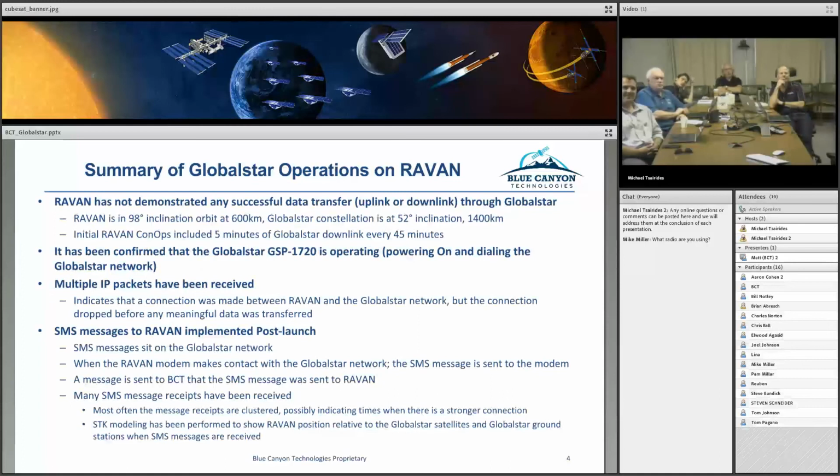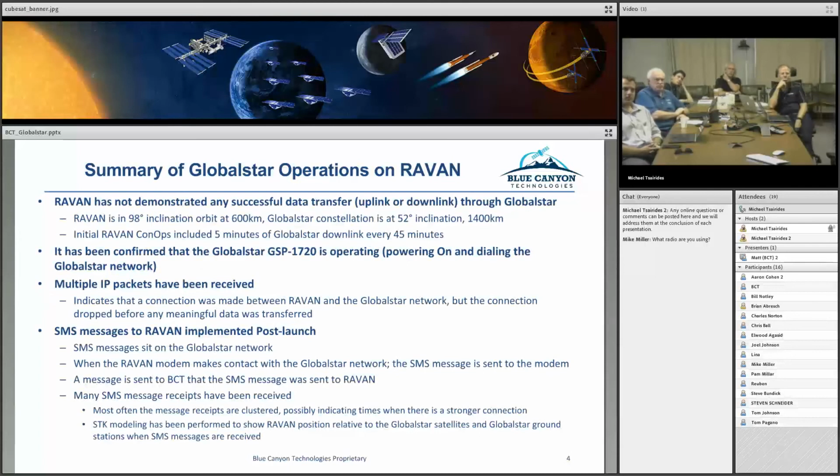We think the reason for this is that Raven is in a higher inclination orbit, 98 degrees, with respect to the Globalstar constellation being at 52 degrees inclination, and that relative Doppler shift has caused some problems.